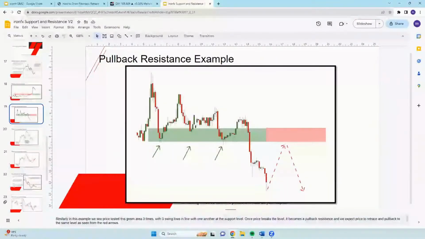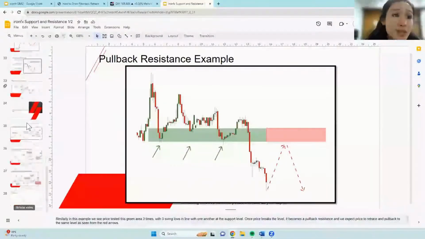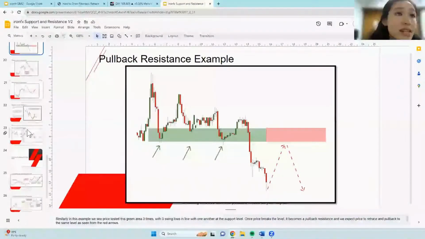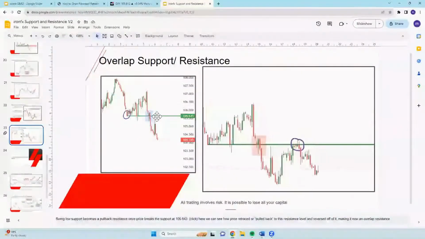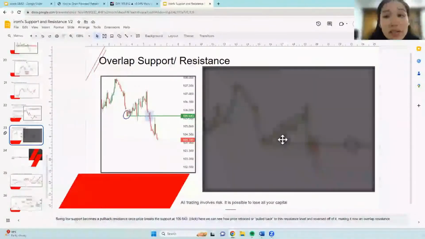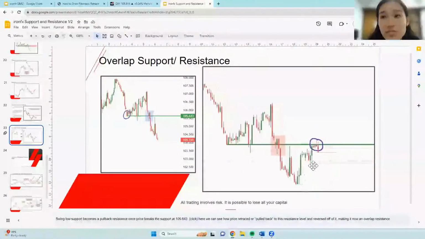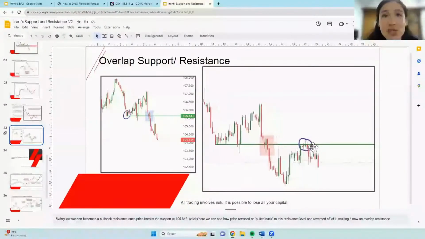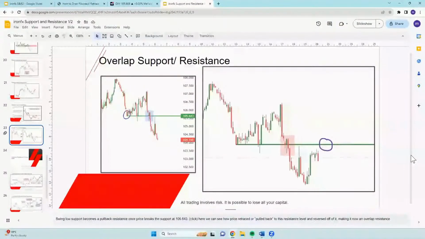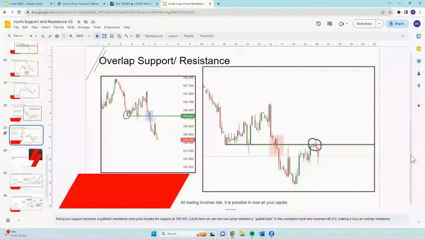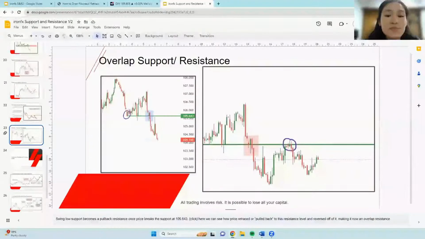Okay, once price breaks the previous low, it becomes a pullback resistance. Yeah, and then once price reverses back to that, it then becomes an overlap. Like in this example, it's a pullback, and if you look at the GIF, once it returns to that level, it becomes an overlap. Okay, once it's gone too far, it becomes overlap. Yes.